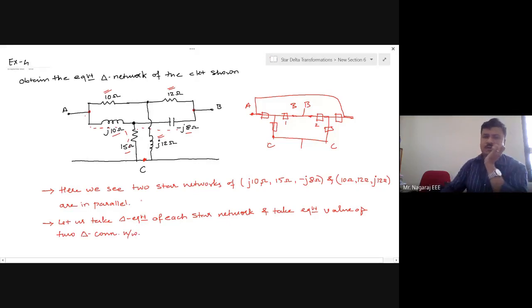So first I will convert each star network into delta. Then I get two delta networks connected in parallel. Then I take the equivalent of two delta connected networks. Then that will be my equivalent delta representation of the circuit given. So this is what we are going to do.